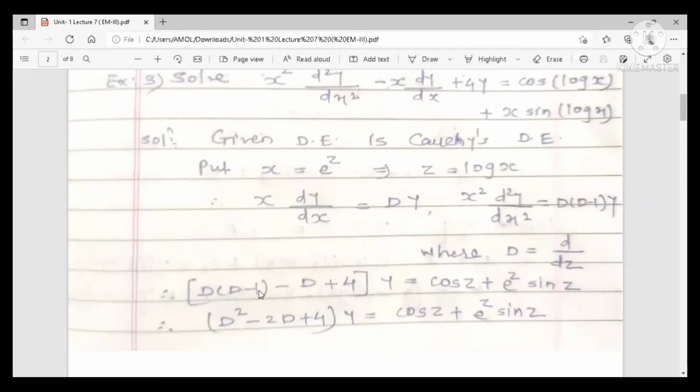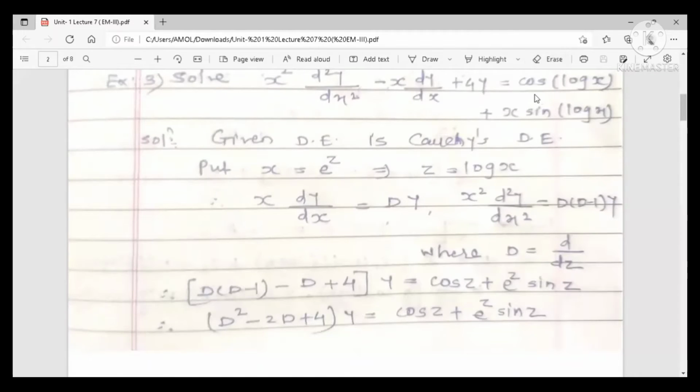So it is D into D minus 1 minus D, plus the constant term 4y, so y is common. You write in bracket 4. So it is D into D minus 1 minus D plus 4, bracket complete, into y is equal to cos of log of x. Log of x is z.